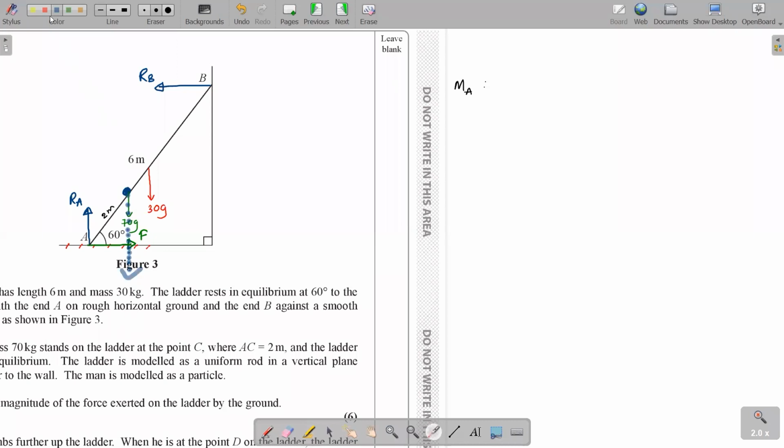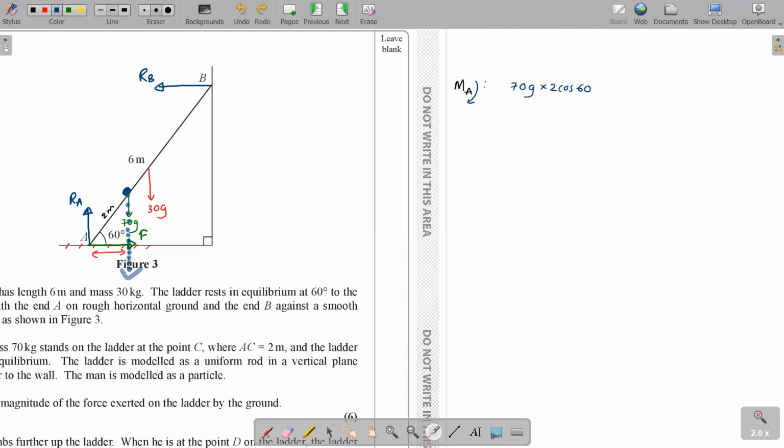And what's the perpendicular distance? This is the perpendicular distance, right? From point A to the force. How much is it? 2 cos 60. So we get 70G into 2 cos 60. I will consider clockwise as positive, okay? And then what about the moment produced by the 30G?